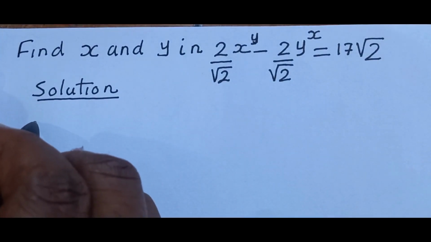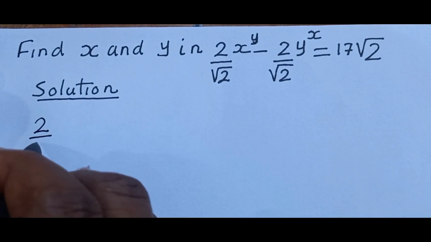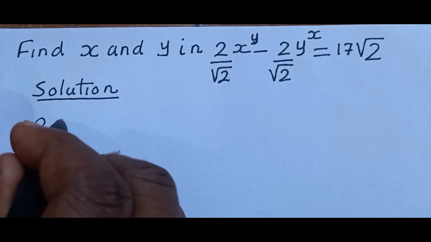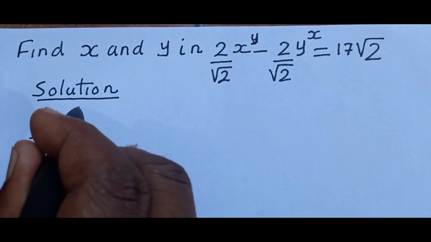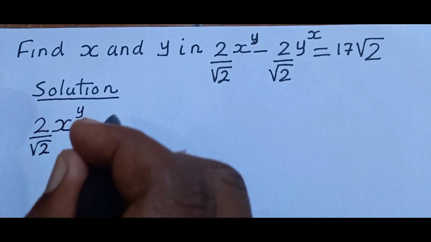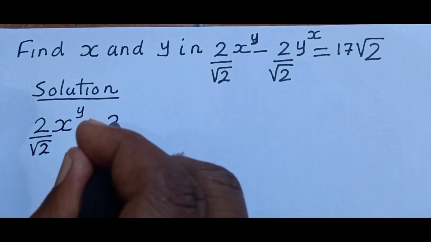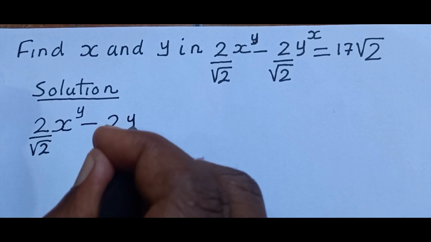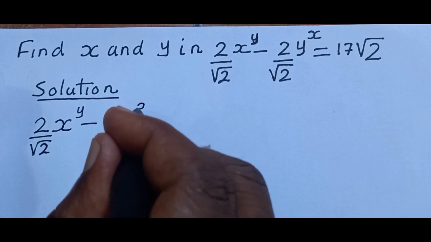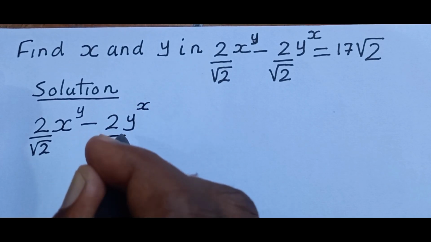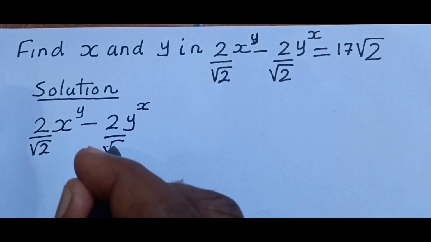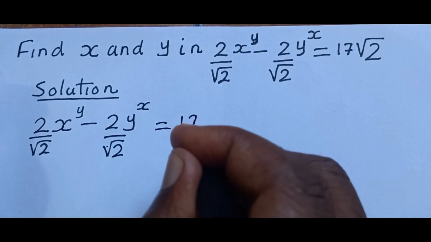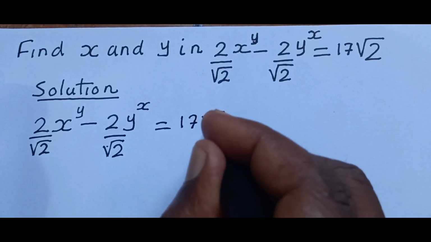We have 2 over radical 2 times x raised to power y minus 2 times y raised to power x over radical 2. This is equals to 17 radical 2.